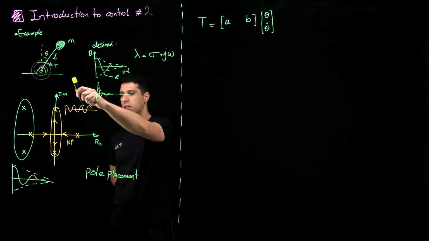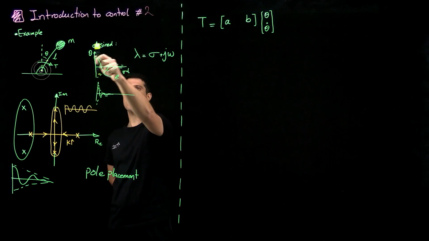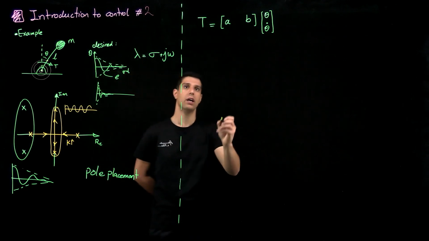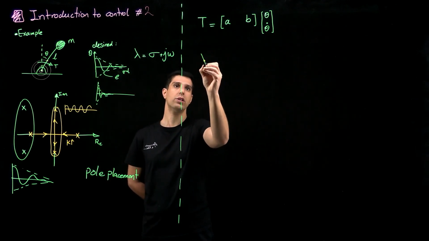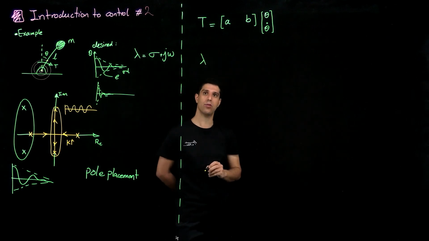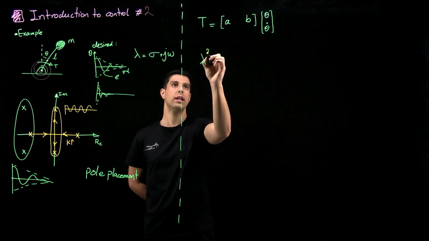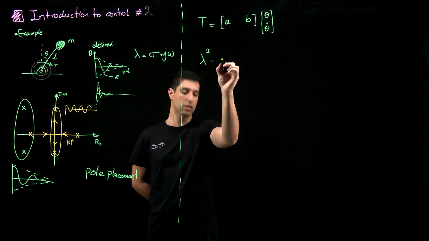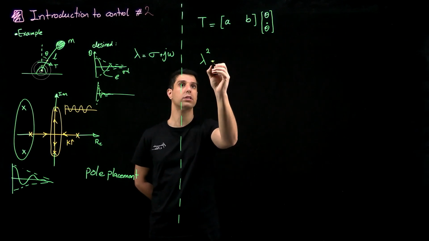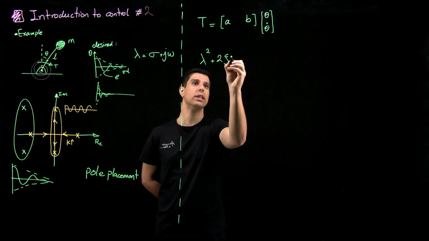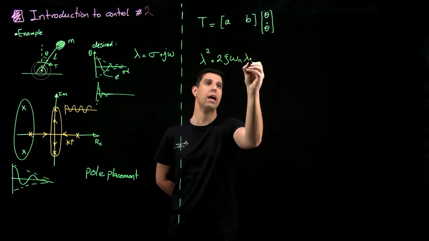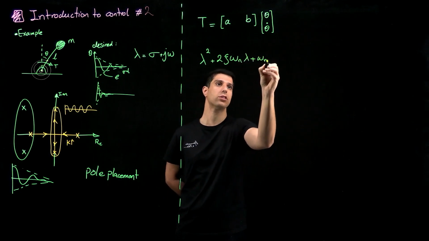And remember, for a system that has this property, the characteristic equation that we had was lambda squared plus 2 z omega n lambda plus omega n squared.